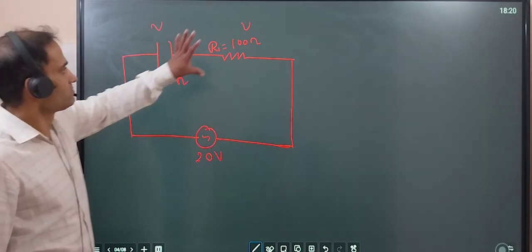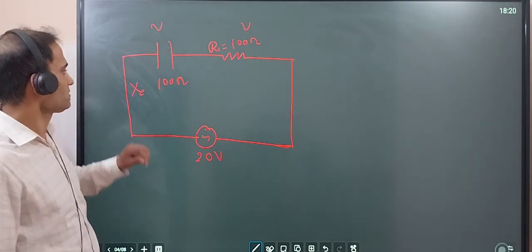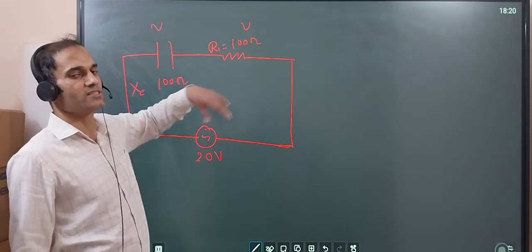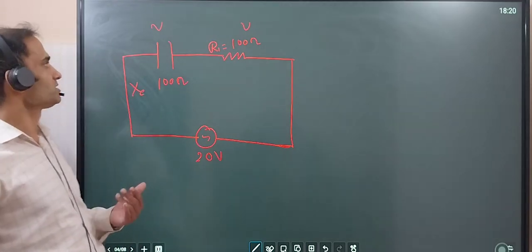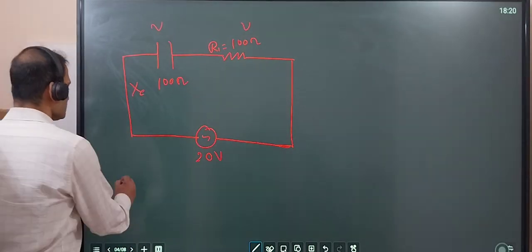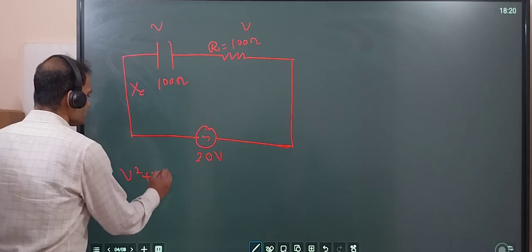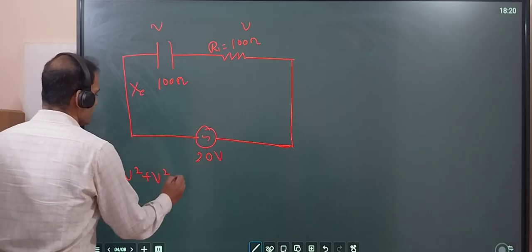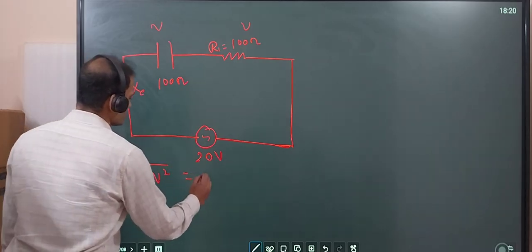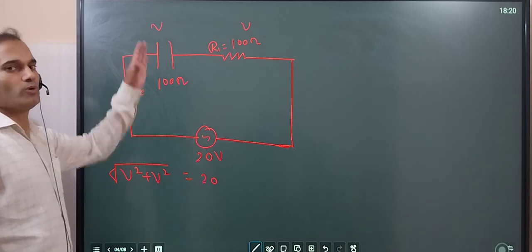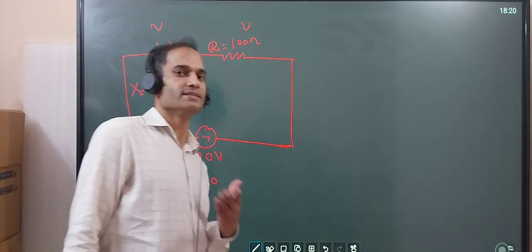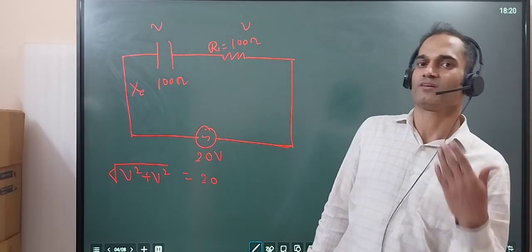Because this reactance and this resistance have the same value, but the square root of V square plus V square will give you 20, because both voltages are at 90 degree. We are doing a phasor sum.